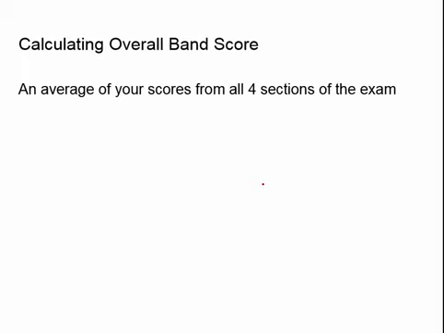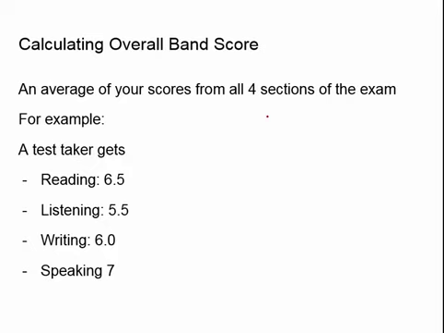All right, so how is a band score calculated? An overall band score is, as I said before, an average of your scores from all 4 sections of the exam. So for example, if this student gets a 6.5 in reading, 5.5 in listening, 6 in writing, and a 7 in speaking, then we would just add all of these up and divide by 4.